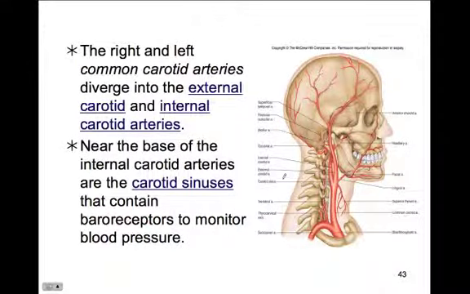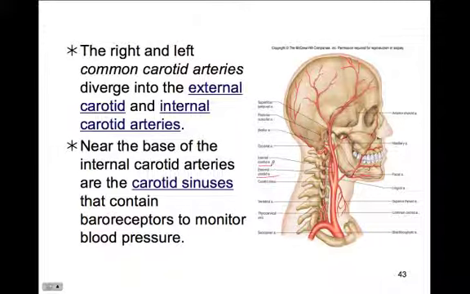The right and left common carotid arteries diverge into the external and internal carotid arteries. The external carotid artery will ascend to supply tissues outside of the cranial cavity, and the internal carotid artery will go up through the base of the skull and inside the brain to supply the brain tissues.